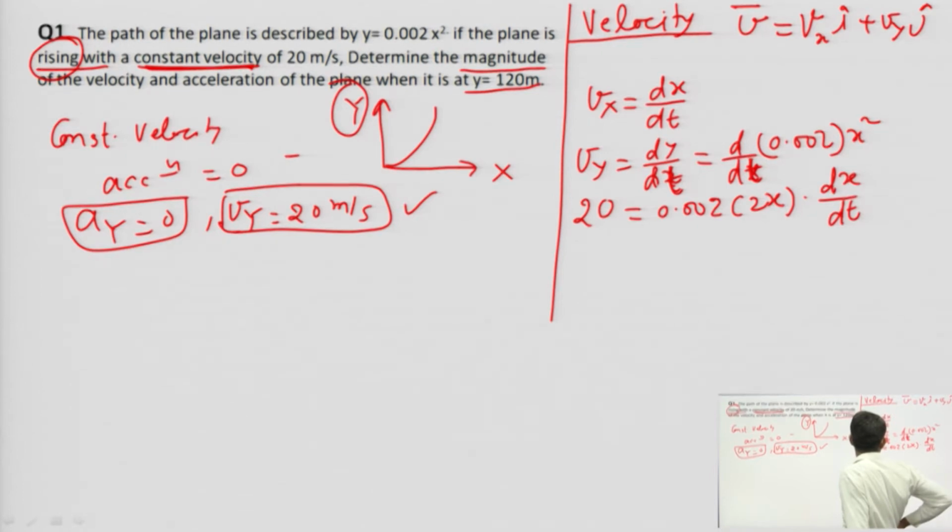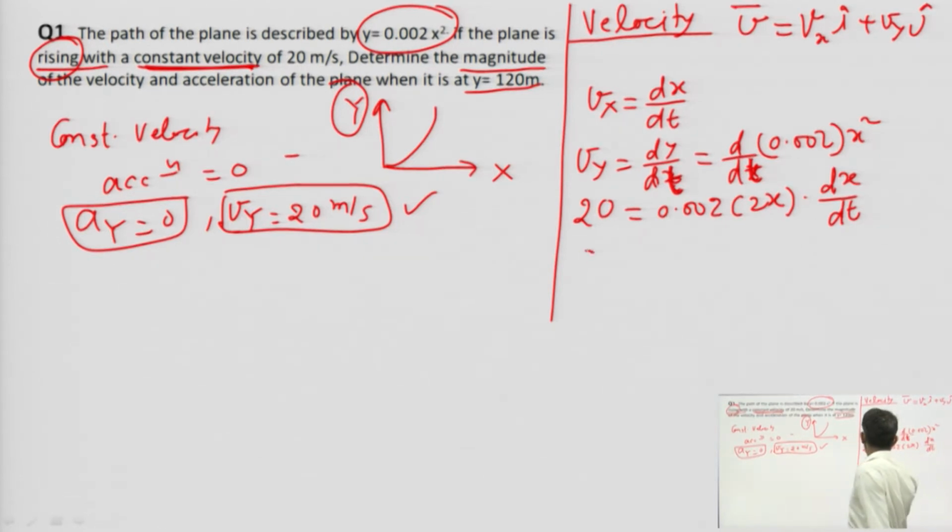Now the value of dx by dt can be calculated. This is the procedure: v x is equal to dx by dt, v y is equal to dy by dt, and with the relation y equal to 0.002 x square, it is 0.002 into 2 x into dx by dt.